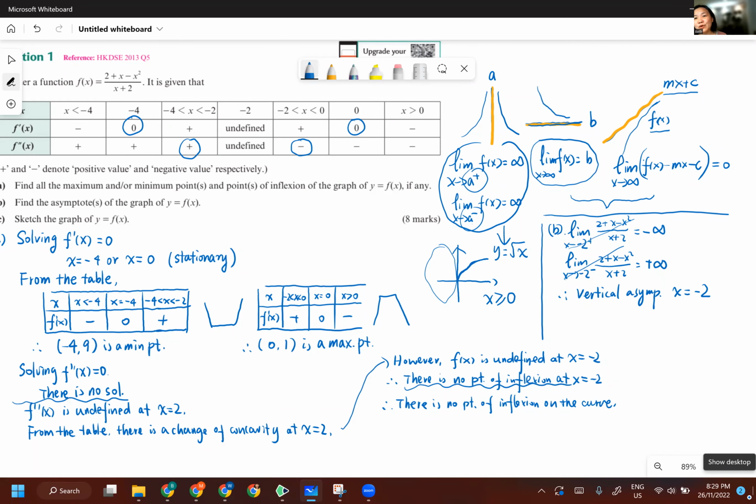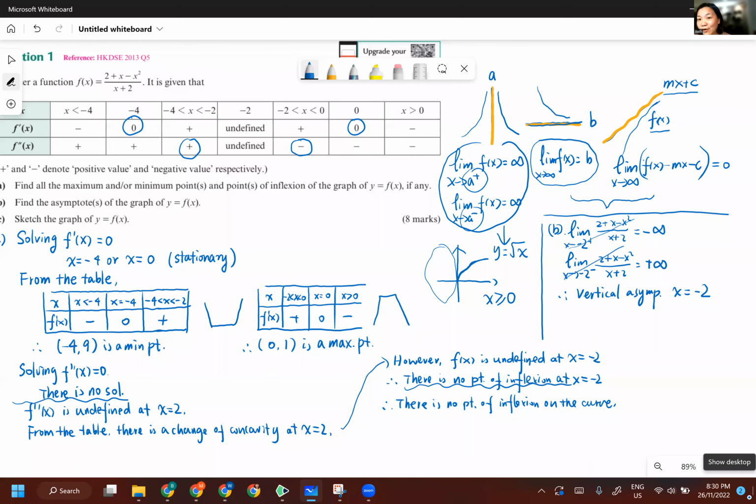But why do we find it? It's in preparation for part C. Right now it's not so important, but for part C, when you sketch the whole curve, it's going to be useful because it tells you where this curve goes. Okay, that's one part. Now, the other asymptote. I know it's either horizontal or oblique, cannot be both.